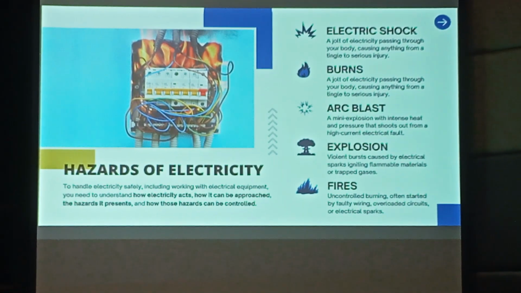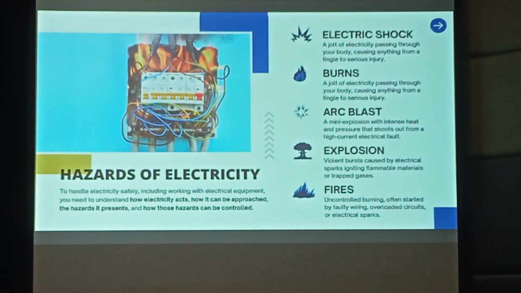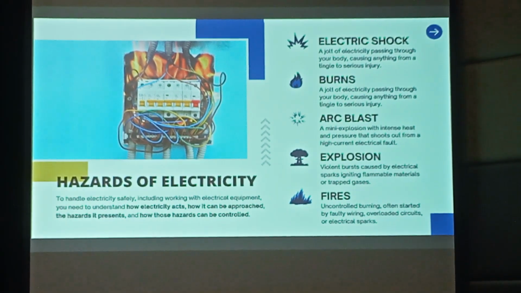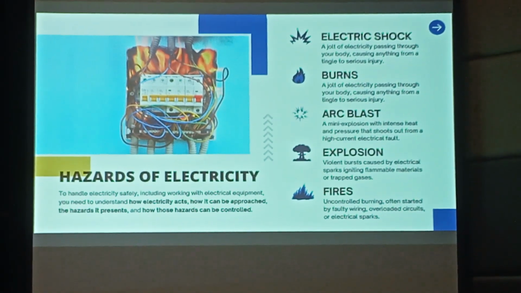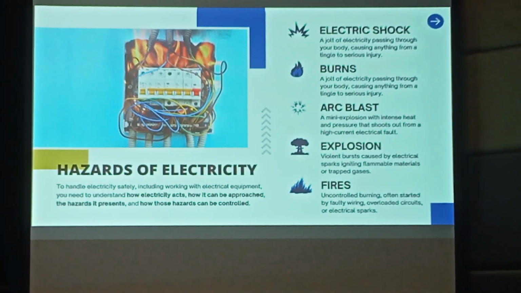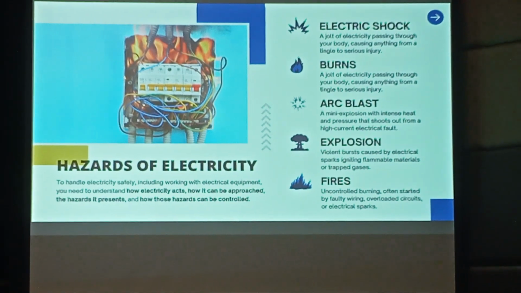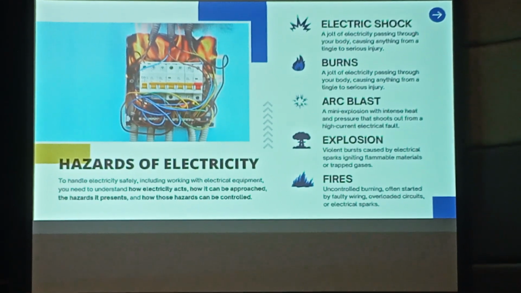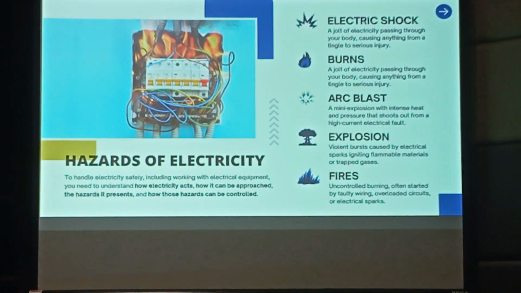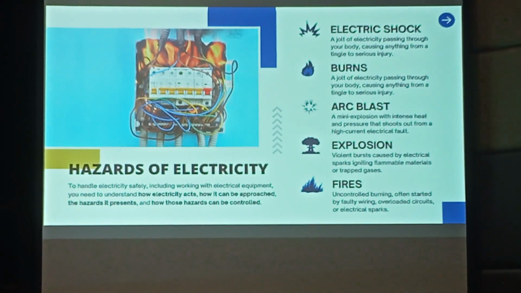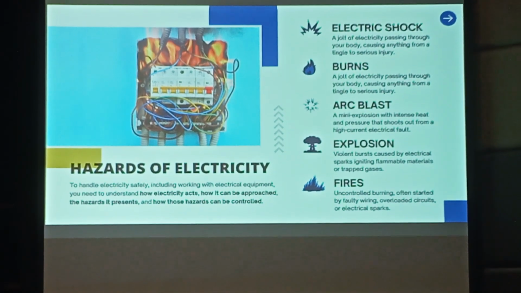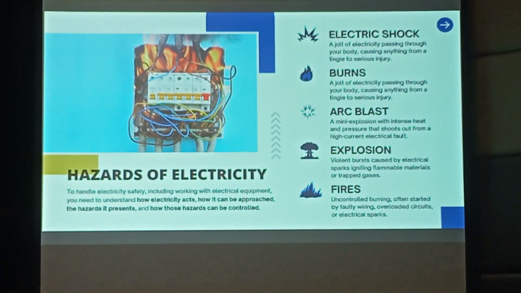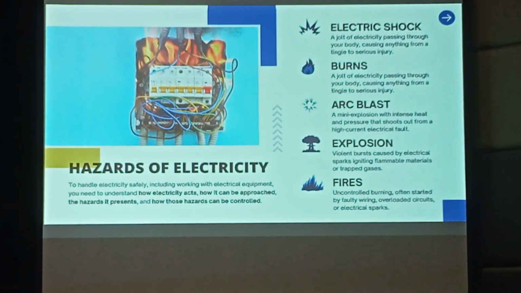In OSH standards, we have what we call critical occupations. During my inspection, I look at what specific activities the personnel are doing. If those activities are within the 7 critical activities, then we require more certification. One of those is working with electricity.